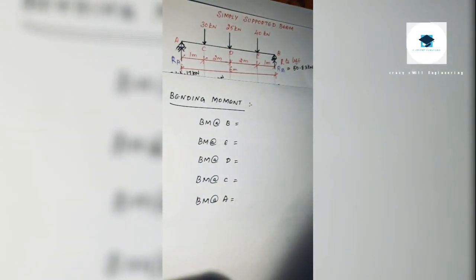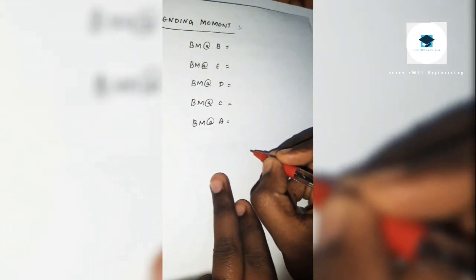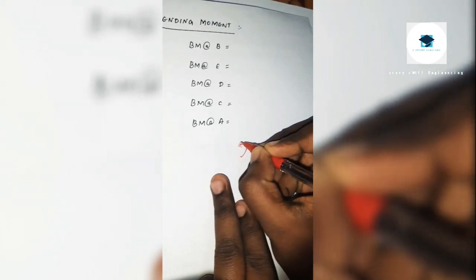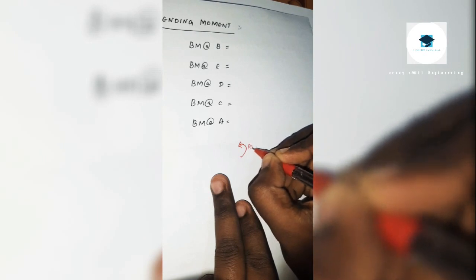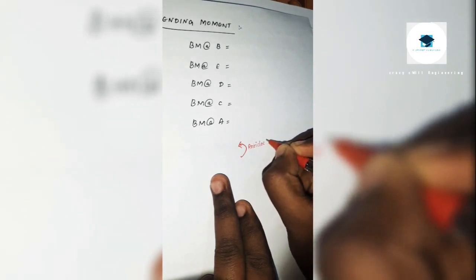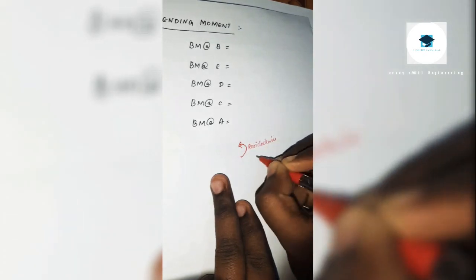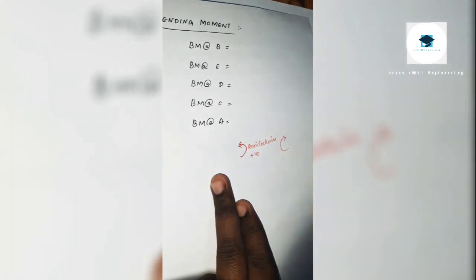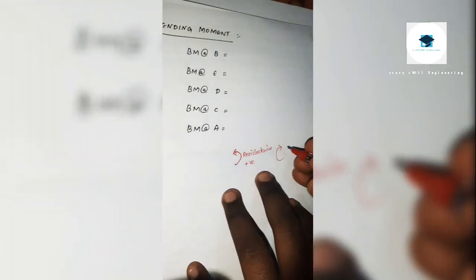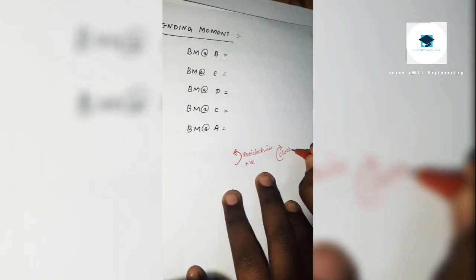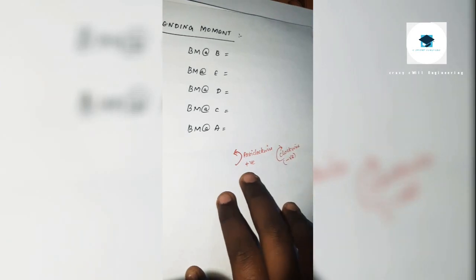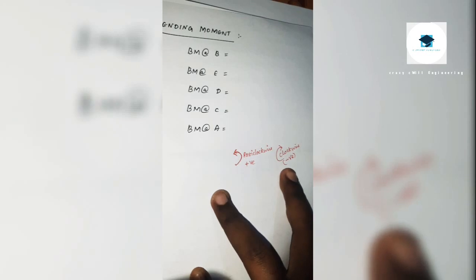Before we calculate bending moment, the sign convention is a must. Anti-clockwise moment is positive, and clockwise moment is negative. Do you understand?